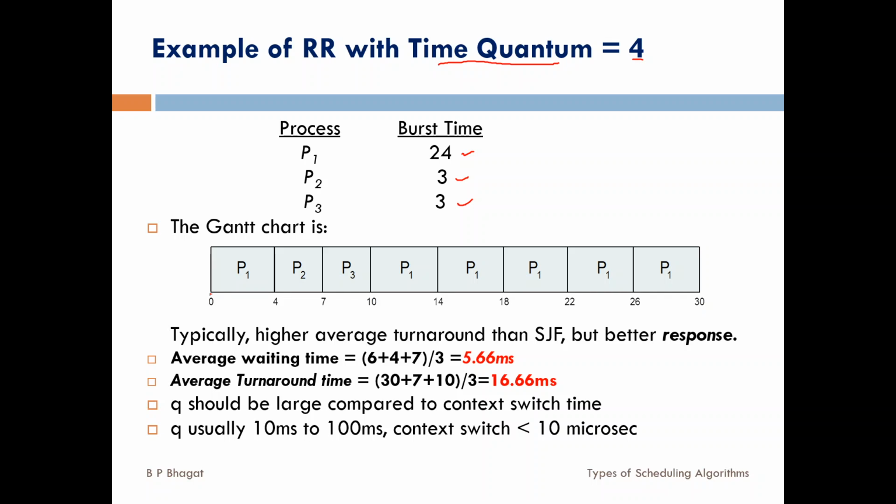So the first process is P1. P1 gets executed for the first 4 milliseconds since the time quantum is 4. And once the 4 milliseconds are completed, it gets preempted and the next process in the queue gets executed. Now our next process is P2 with burst time 3, which gets executed for 3 milliseconds.